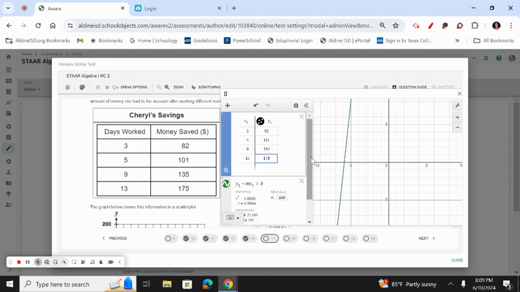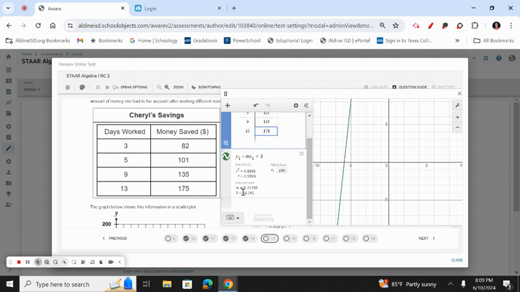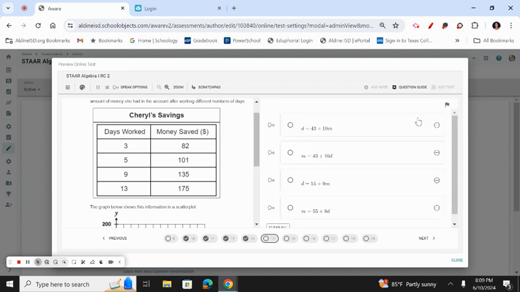Then I look at the M and the B. The B is 54 and the M is 9. So let's see, 54 and 9. This is the one that has it, 54, close to 55. The M is next to 9.